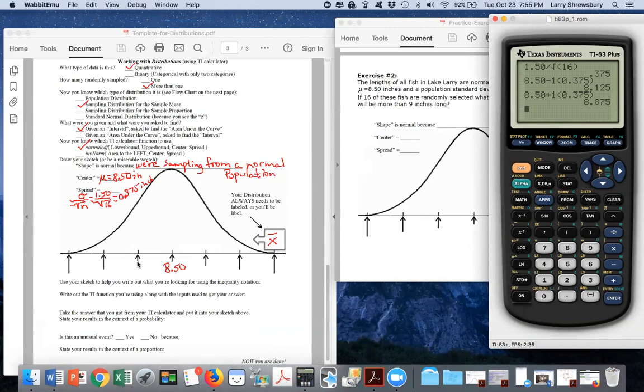I'm going, wow, you mean 68% of all the sample means are going to be clustered this closely, from 8.125 of an inch to 8.875. 68%, that's essentially two-thirds of all the sample means are going to be clustered that closely, within 0.375 of an inch. Wow, they cluster in close.